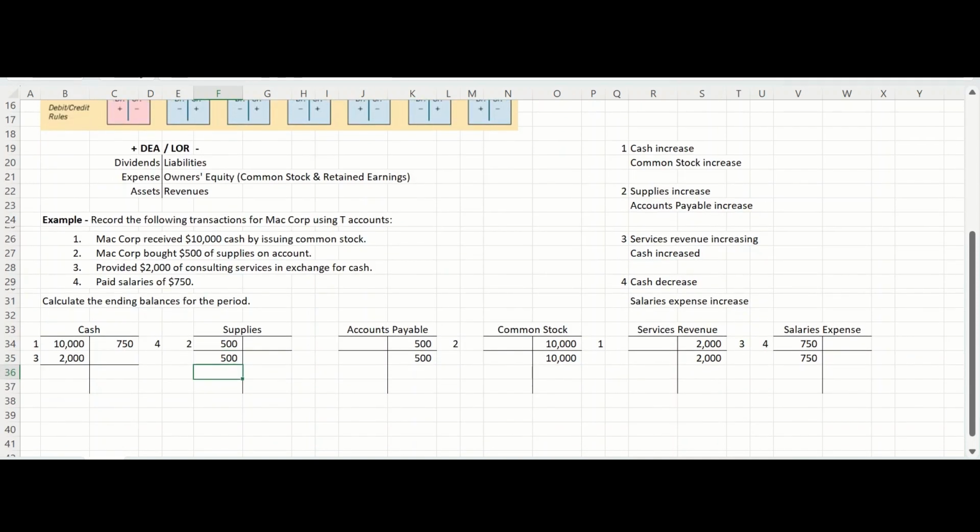And then on the cash account, we have 10,000 plus 2,000 gives us 12,000 on the debit side and $750 on the right side. Obviously, the debits are larger, and the difference is 11,250. So the cash account has $11,250 debit balance.